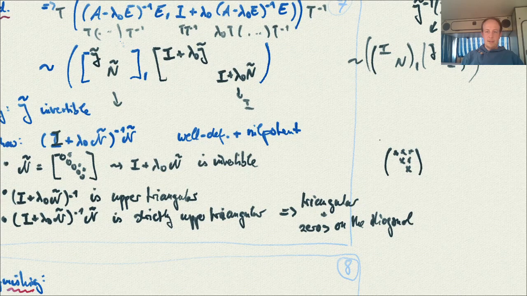So this is I plus lambda 0 N tilde to the minus 1, and we already know that this N tilde has zeros on the main diagonal: 0, 0, 0, and entries here, possibly entries here.